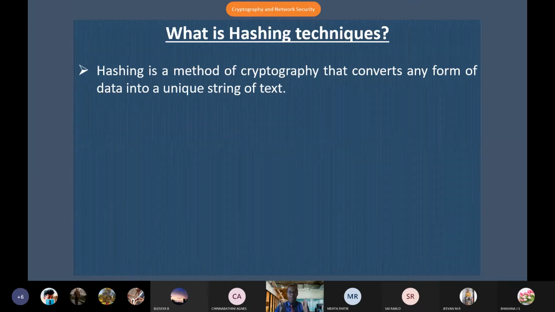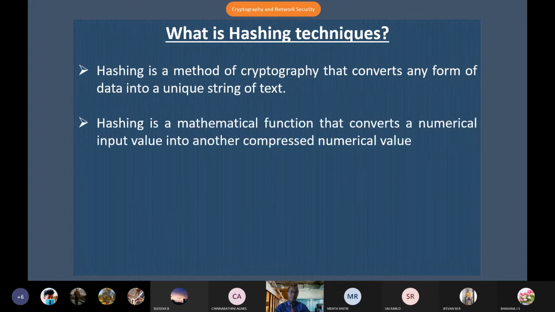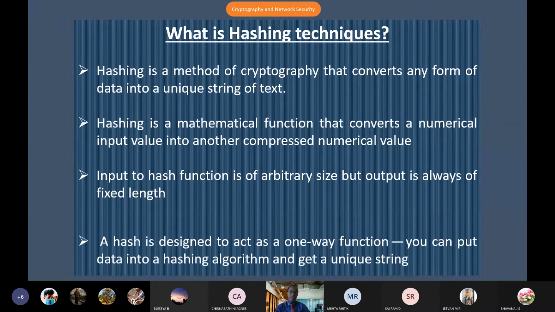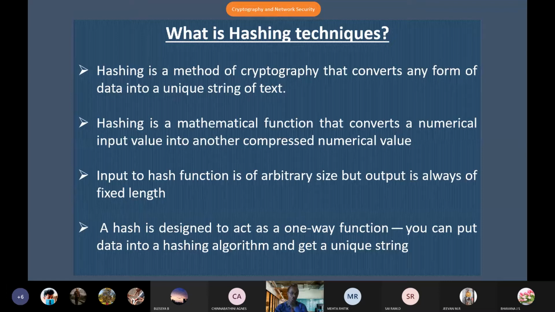We take any arbitrary input to form the so-called fixed output. That's the number one which we saw in yesterday's class. And we said that this is a one-way function, meaning you can't reverse it back.